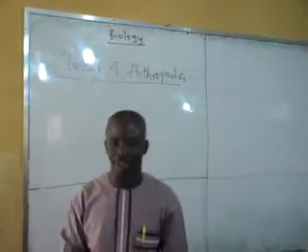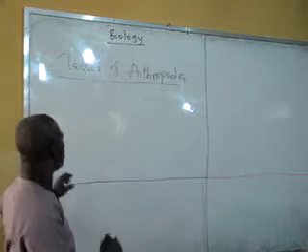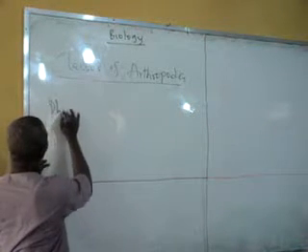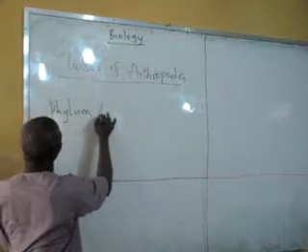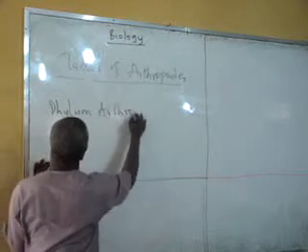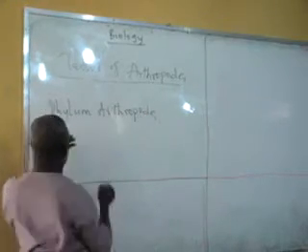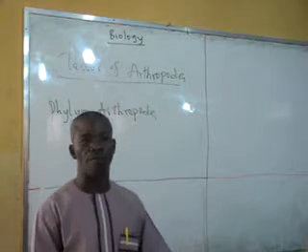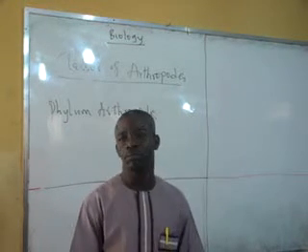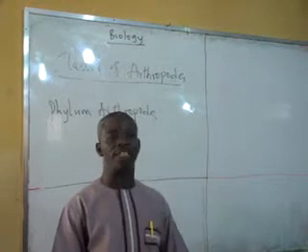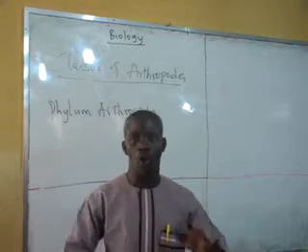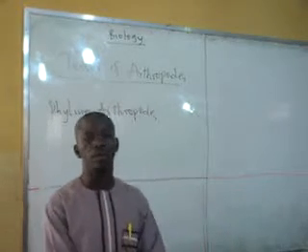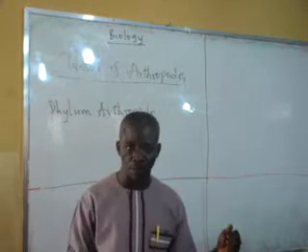Now, in the last class, we looked at the phylum Arthropoda, and we made a complete overview of that phylum, and we looked at the general features of organisms that belong to this phylum.